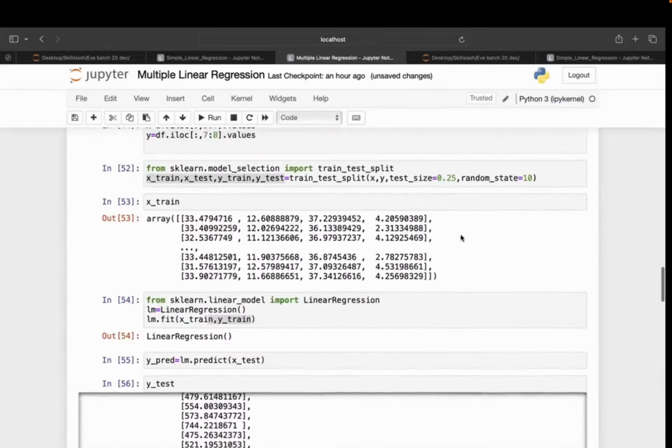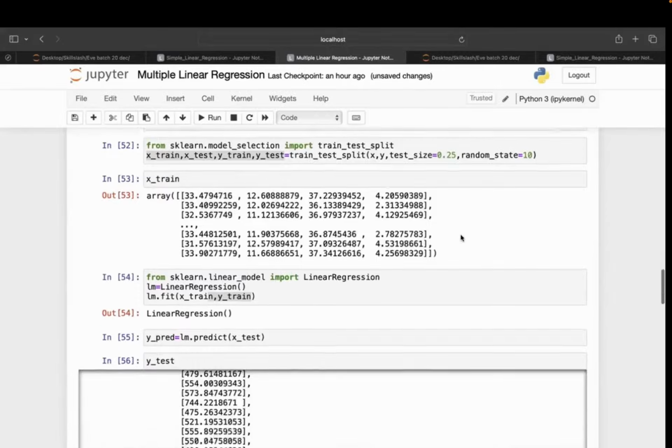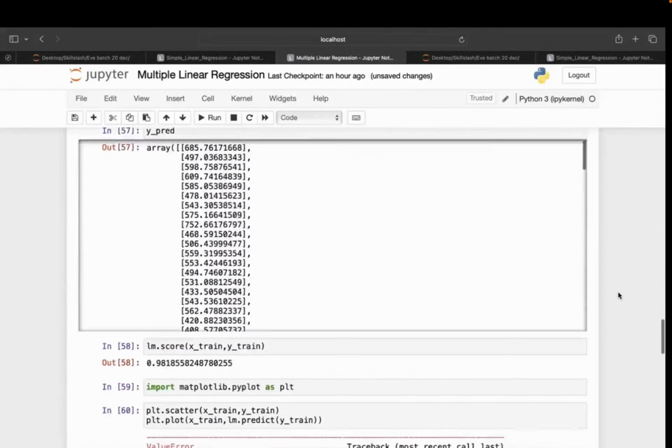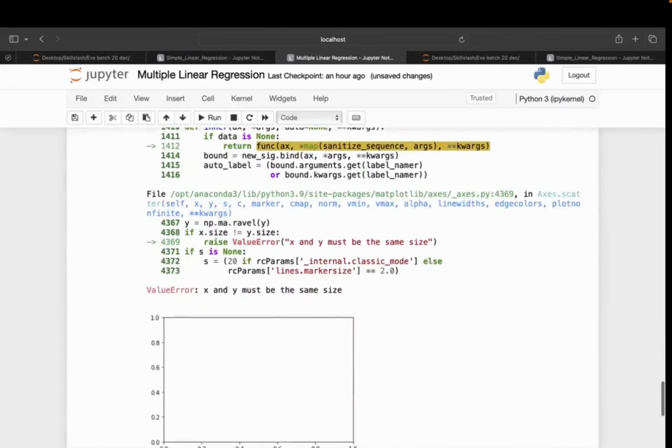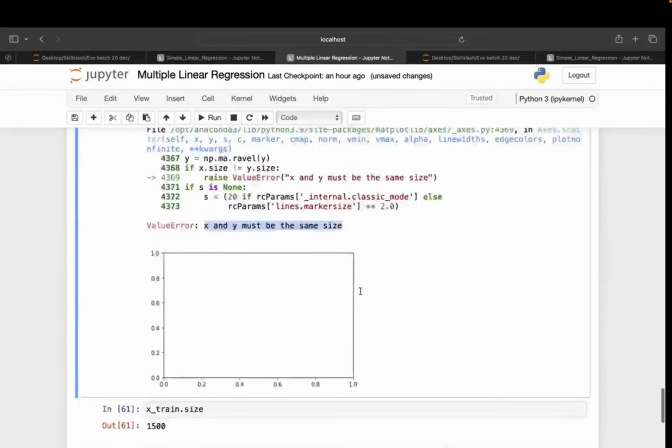Maybe it should be lm.predict on X train. Oh, yeah. Oh God. Still, it is showing the same size, right? That's the issue.